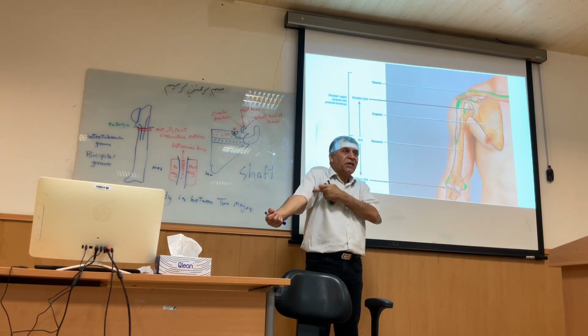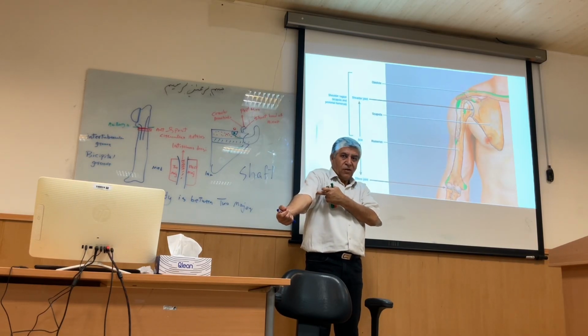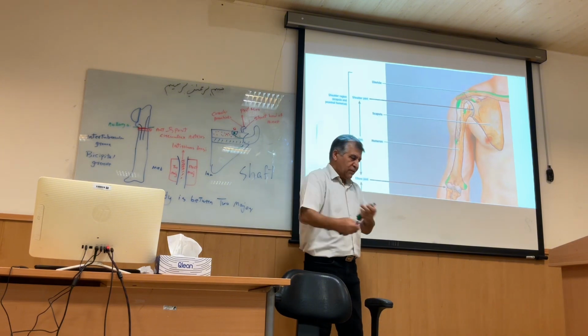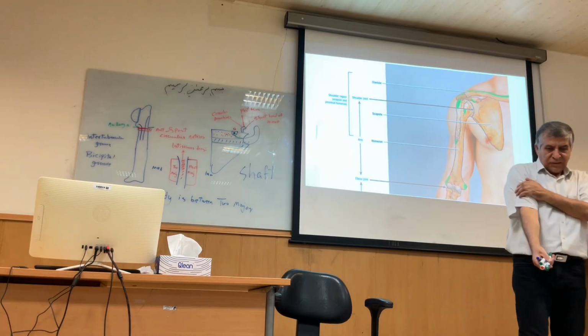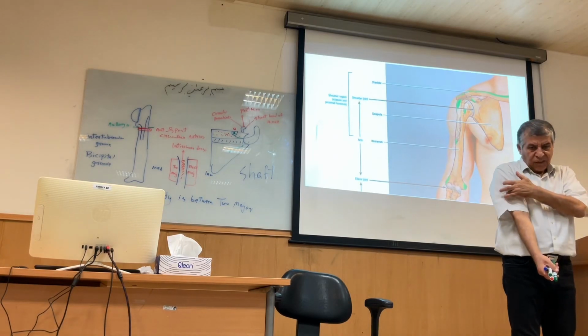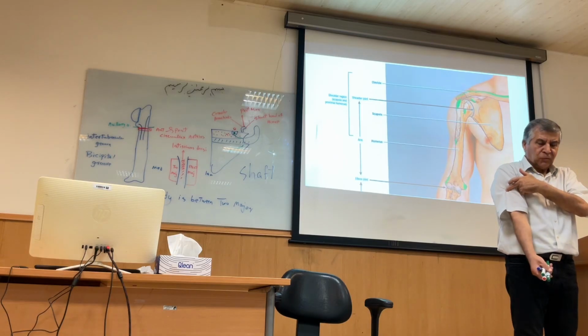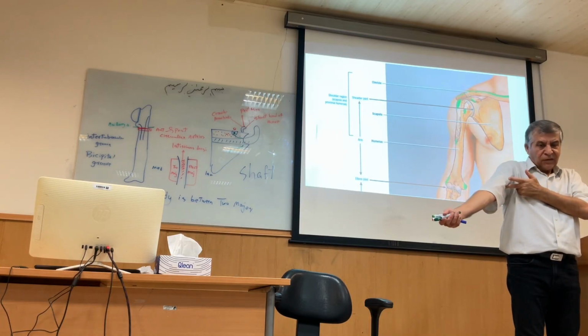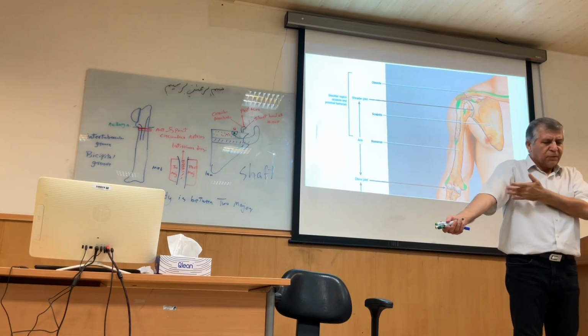Which muscle attaches here? Coracobrachialis. So the body of the humerus, in the lateral surface, contains the tuberosity for the deltoid muscle, called the deltoid tuberosity. In the medial surface, it contains a tuberosity for the coracobrachialis muscle.